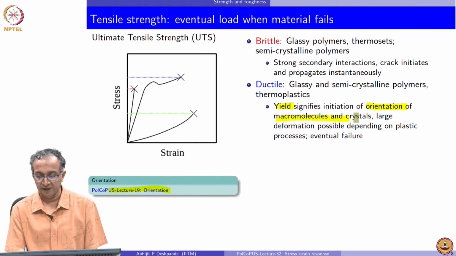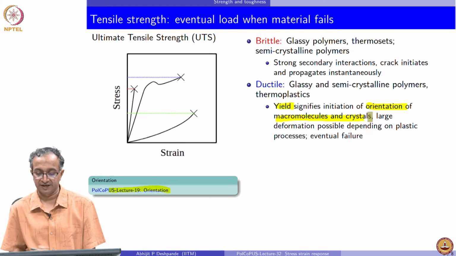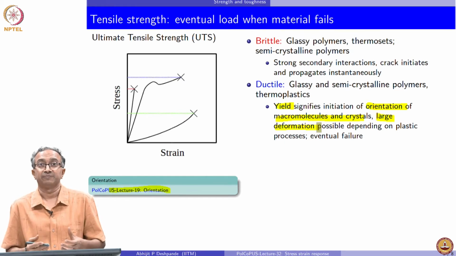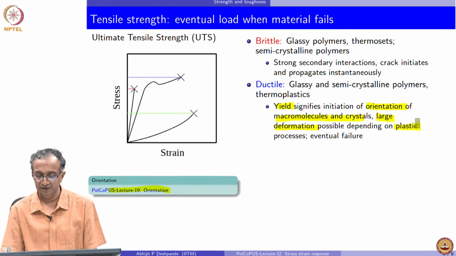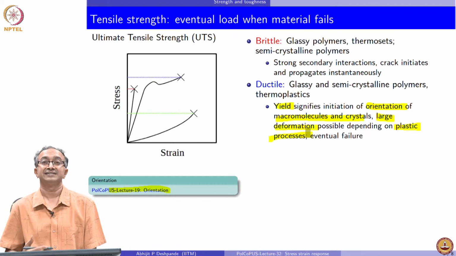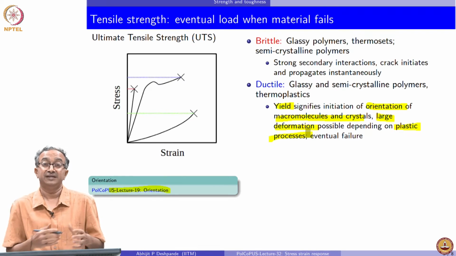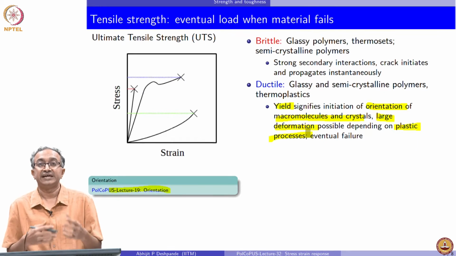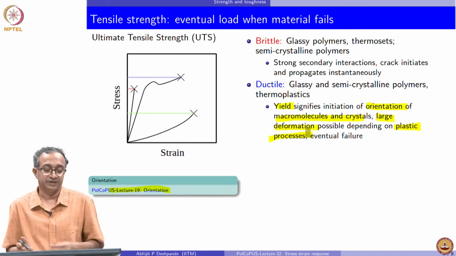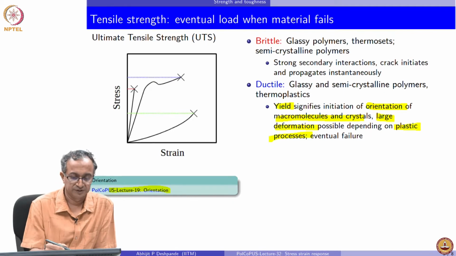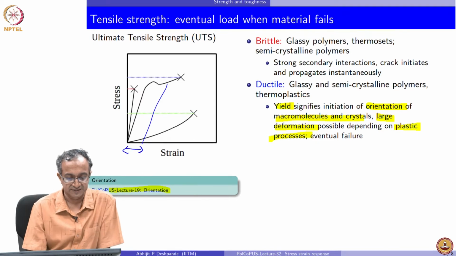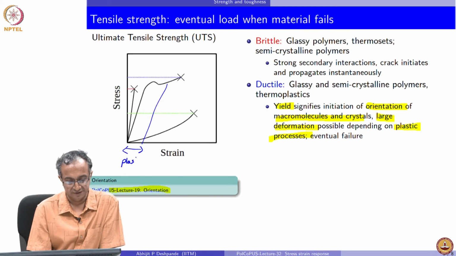So, macromolecules, chains as well as crystals can orient, and because of this orientation deformation keeps on continuing, and due to this deformation we have what is called plasticity in the material, which leads to basically deformation in the material which is not recoverable, because chains and crystals are getting reoriented. If you were to unload the sample after this, it will unload like this, leaving a plastic strain in the material.